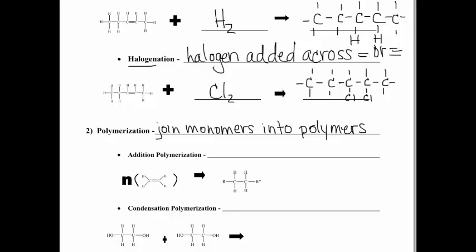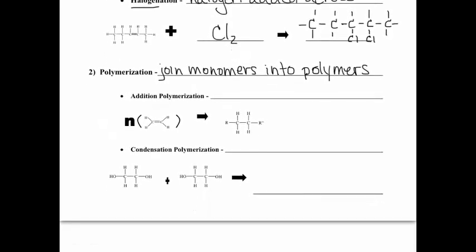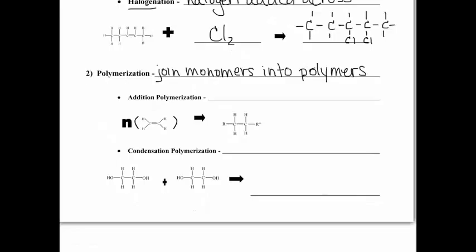So we're going to talk about two different types of polymerization. The first one is addition polymerization, and just like when we talked about addition in the last reaction type, it's got to involve a double or a triple bond. So we're going to be joining unsaturated monomers.